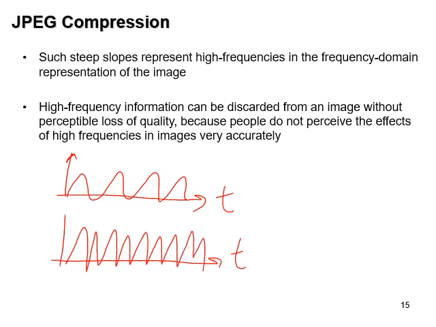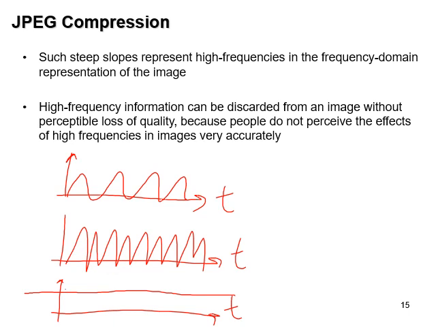Now, compare that to something that looks like this. The bottom one represents zero frequency. Why? Because there is no change. This represents a low frequency, and this represents a higher frequency.